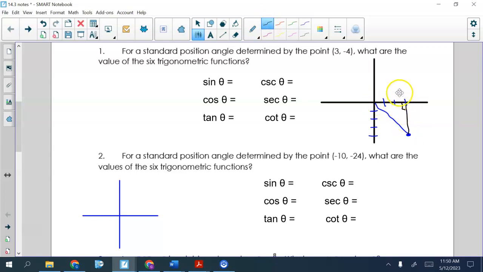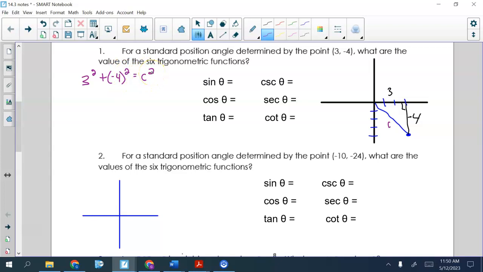So then your sides are 3, and then since we went down, -4. And then the hypotenuse, we're going to use the Pythagorean theorem to figure out what the hypotenuse is. So we can call it c for a minute. So we're going to go a squared plus b squared equals c squared.